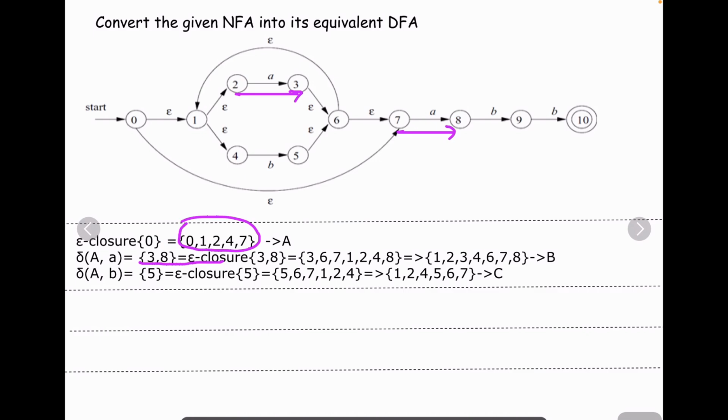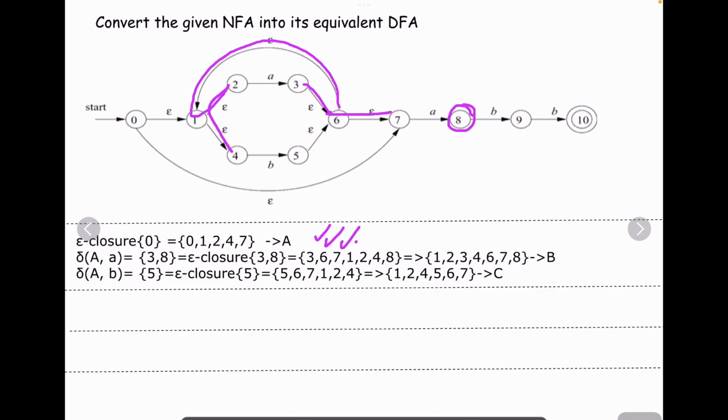E-closure of 3 is 3, 6, 7, 1, 2, 4, and e-closure of 8 is 8 only. So the set is {1, 2, 3, 4, 6, 7, 8}. You have to rearrange them. It is not equal to A, so I can give one more name for it. Then delta of A comma a is over.